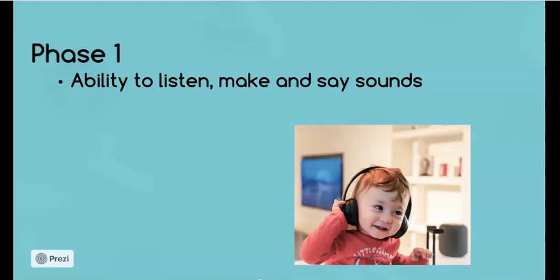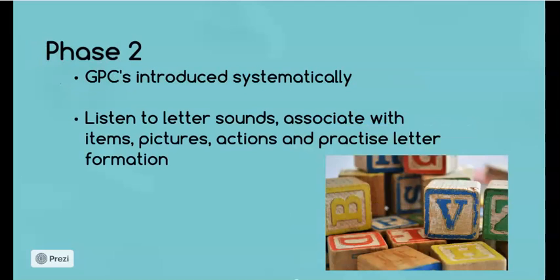So it's really important. In phase 2, we then start to think about introducing sounds in written form. That's why there are no sounds for phase 1, because it's all about listening skills. In phase 2 we then start to think about the letter forms, so listening to letter sounds and associating them with different things.